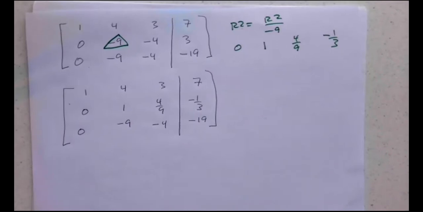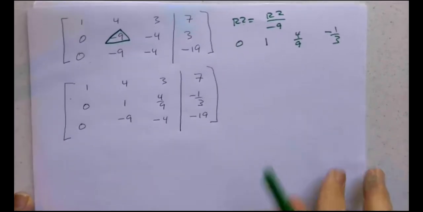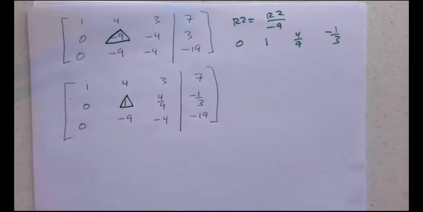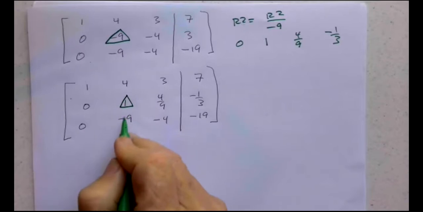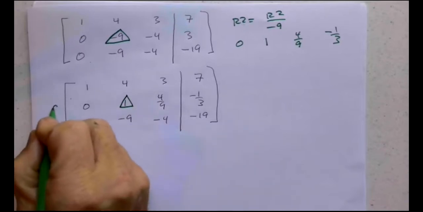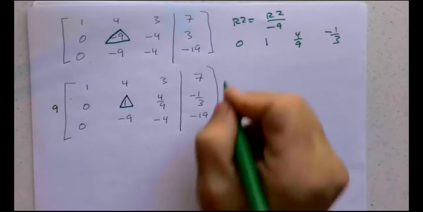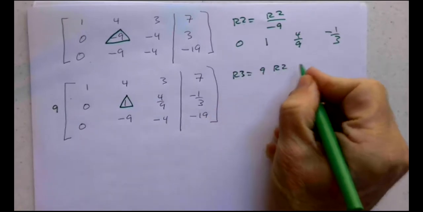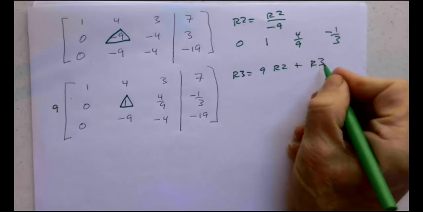So I have to use this pivot now. This is my new pivot, and I want to get a 0 underneath. That's my preferred process, is pivot and then go below. So how do I use this 1 to get rid of a -9? I have to add positive 9, so multiply this row by 9. So my new row 3 is 9 times row 2 plus row 3.